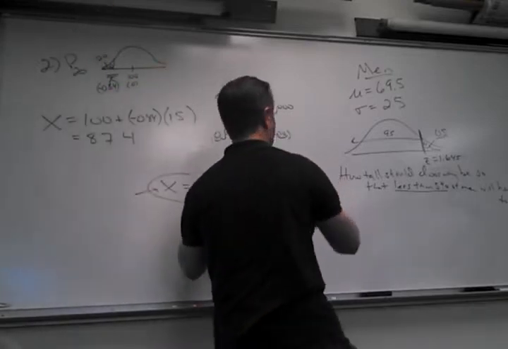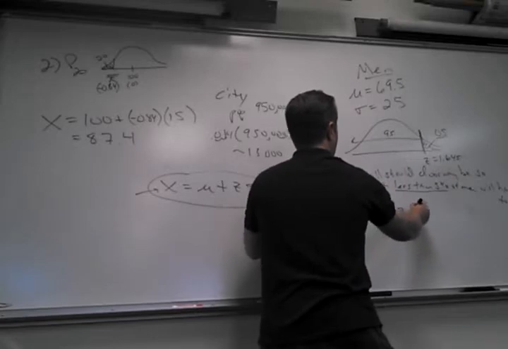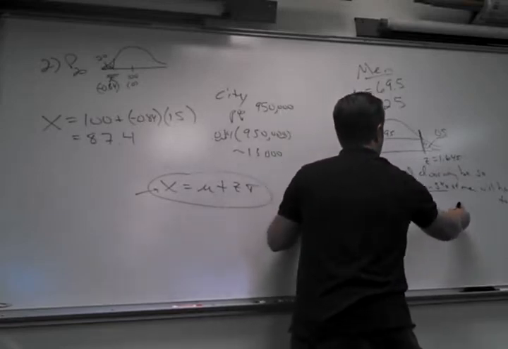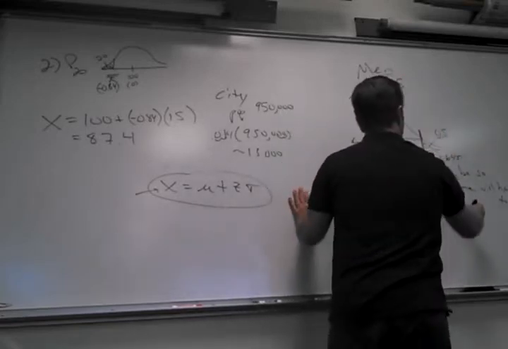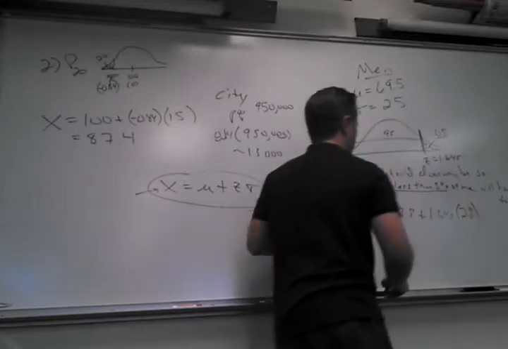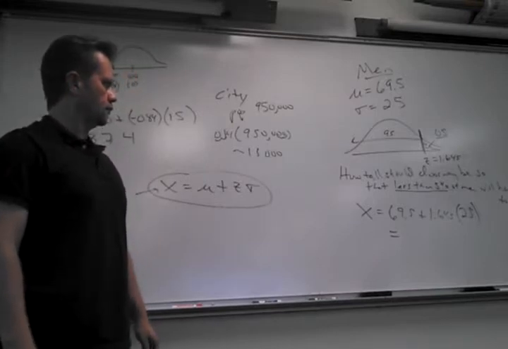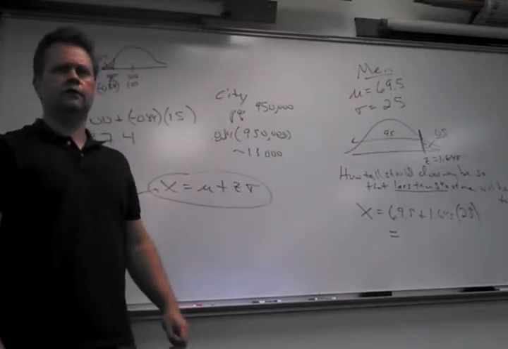Yeah, plug it into our beautiful little formula here. That x equals the mean plus the z-score times standard deviation. Let's see what you get. It's like 74.